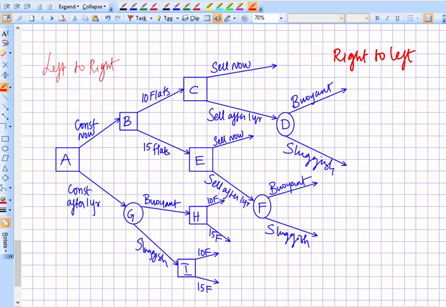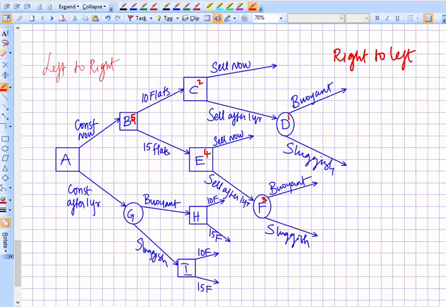So how we'll evaluate? Probably we'll start with D. We'll evaluate D first, then we'll evaluate C. Okay, then if you want to evaluate B, we need information on F and E. So we'll evaluate F, then we'll evaluate E. So once all the four are available, we'll be able to evaluate B. Okay.